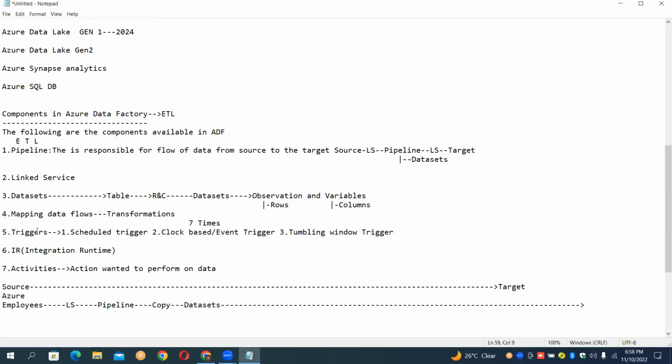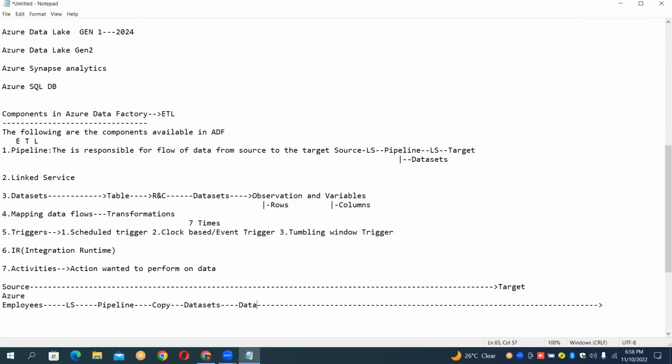Mapping means what, guys? I want the employees' net salaries, the net amount the company is spending towards paying the salaries of the employees. So we have to sum the sal, isn't it? To perform that operation called the sum operation, we use data flows.